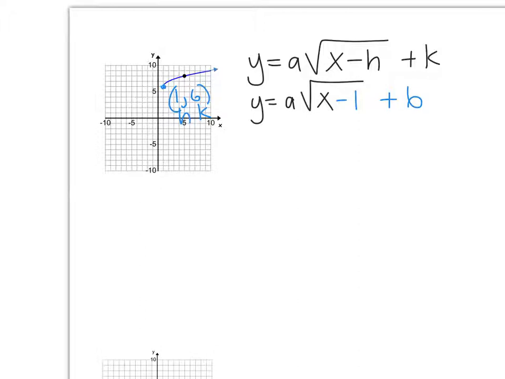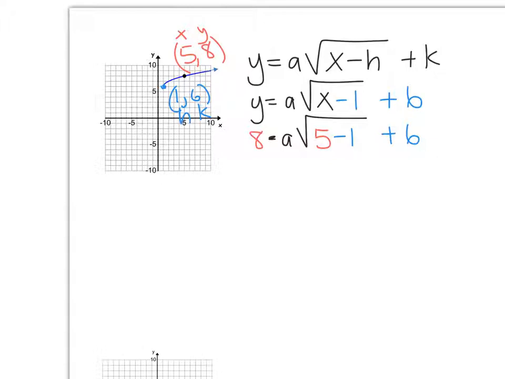That's that highlighted point there at 5, 8, x, y. So 8 equals a times the square root of x minus 1 plus 6. Whoops, I forgot I was plugging in an x there. And so that was supposed to be 5.